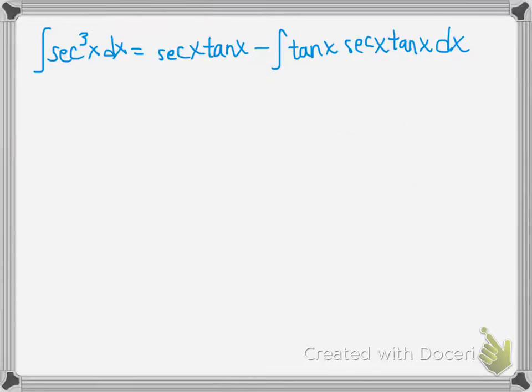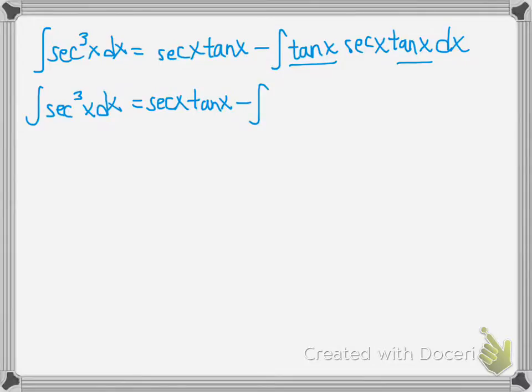Here I rewrote it, and I'm just going to simplify it a little bit more because I have these two tangent x's. So we have the integration of secant cubed x dx equals secant x tangent x minus the integration of tangent x times tangent x, which is tangent squared x, so secant x tangent squared x dx.